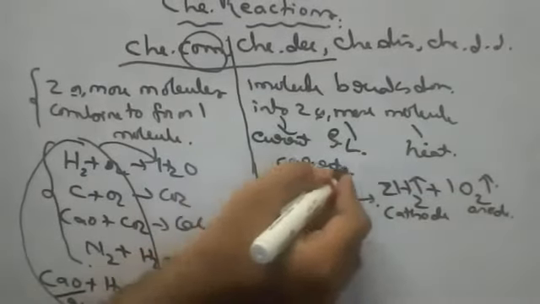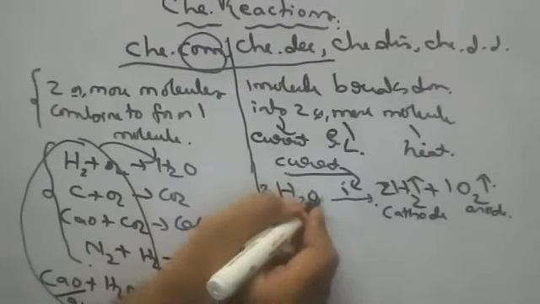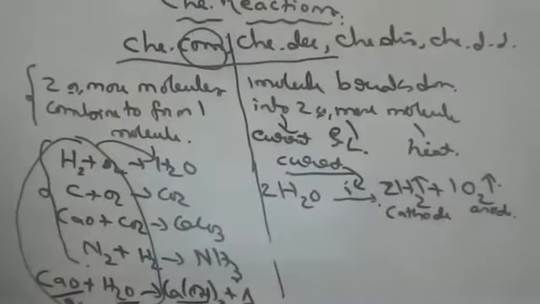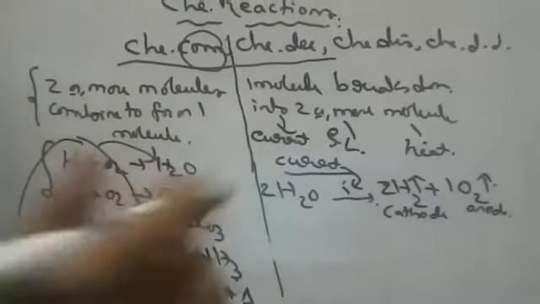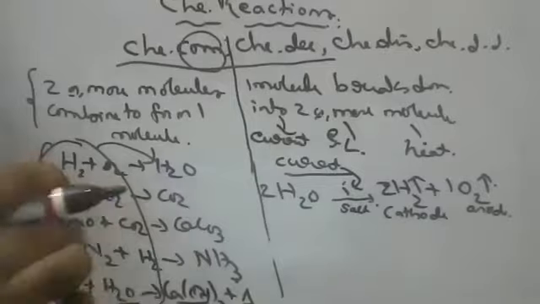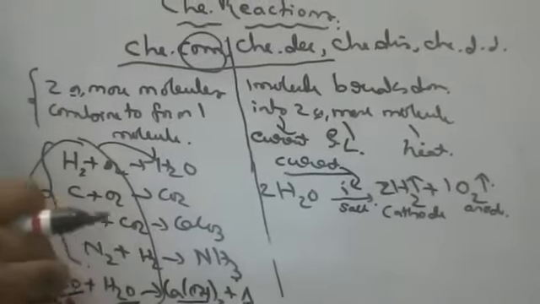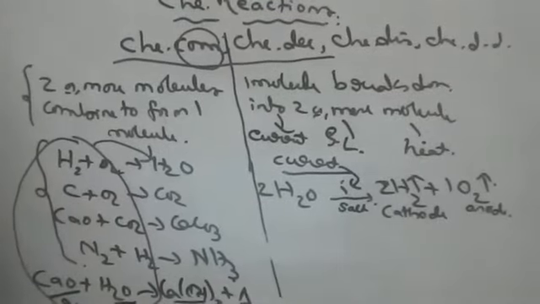So on passing the current, water is breaking. That's why it is called decomposition: one molecule breaking down into two or more molecules. Pure water does not conduct current, so you have to add a little impurity: either an acid, a base, or a salt. In our textbook experiment, they have added sulfuric acid as the impurity.